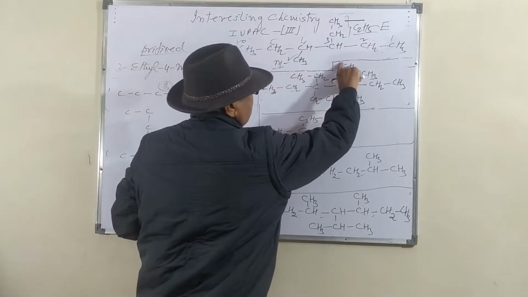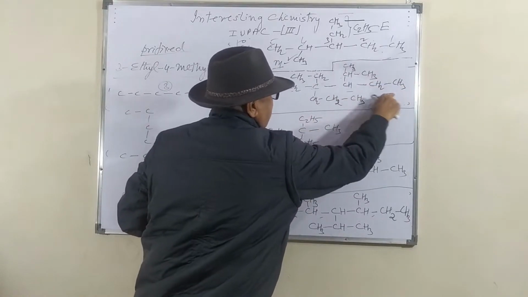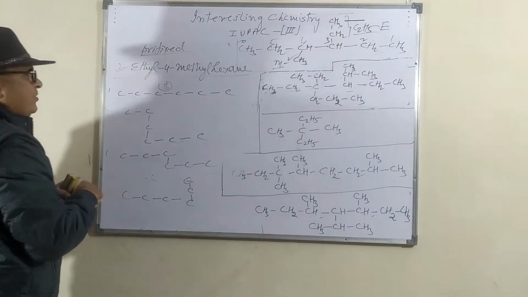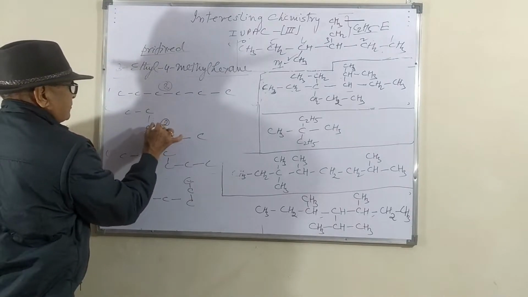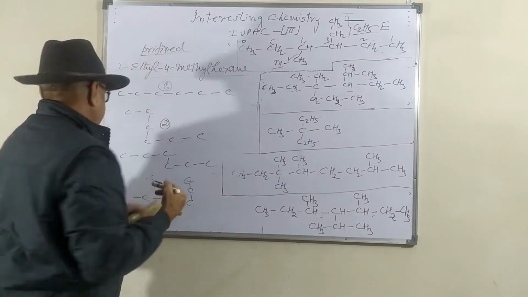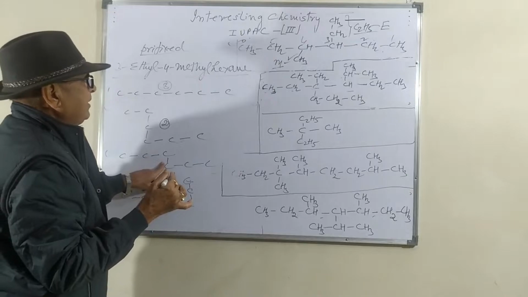This whole group will be considered as one substituent group, so in this chain you will find only two substituent groups.